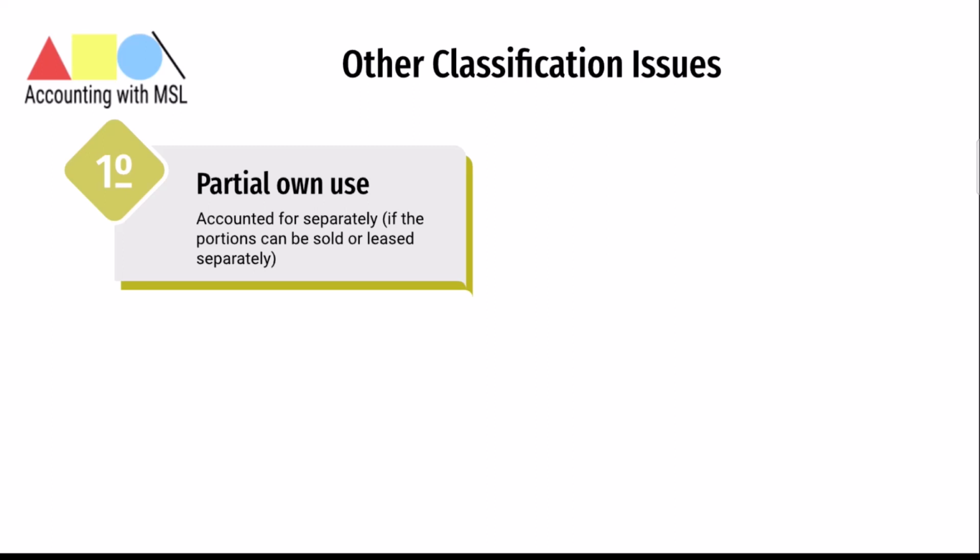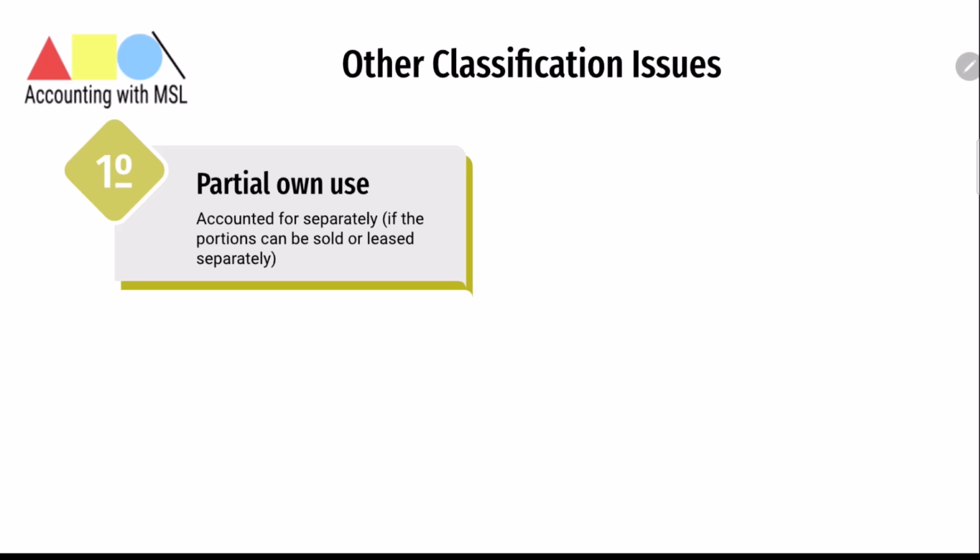So the part that is rented out is investment property, but take note, if the portions cannot be sold or leased out separately, then the property is investment property only if the owner-occupied portion is insignificant.